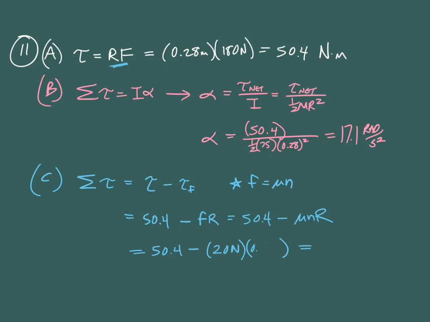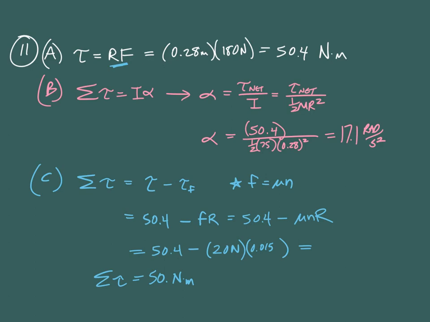So 15 centimeters is what, 0.015? Or 0.15 rather. Well, I'm sorry, this is 1.5 centimeters. Let's be careful. Man, must be after lunch. So it's a really small thing like 0.3, so we end up getting our sum of torques, or the net torque in this situation, is 50.1 Newton meters.